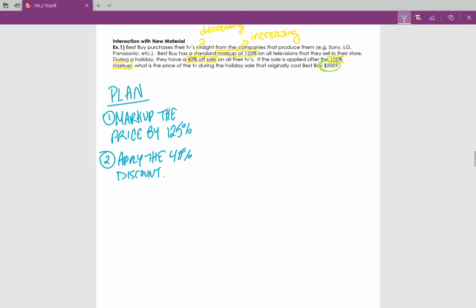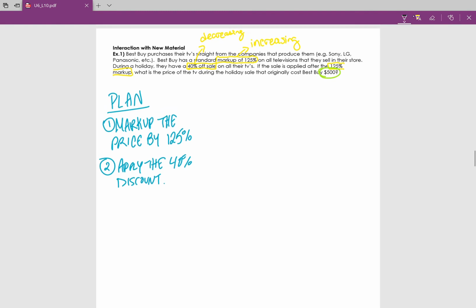So in order to do this, I'm going to draw a double number line, like so. And we have percents, and we have money again.